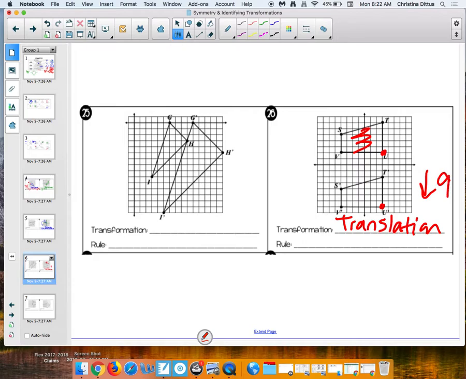So our rule, we start with (x, y). How do I finish that? If I don't go left or right, what do I write down? Just x. And then for the y? Y minus 9. We just write x because nothing happened. It didn't move left or right.